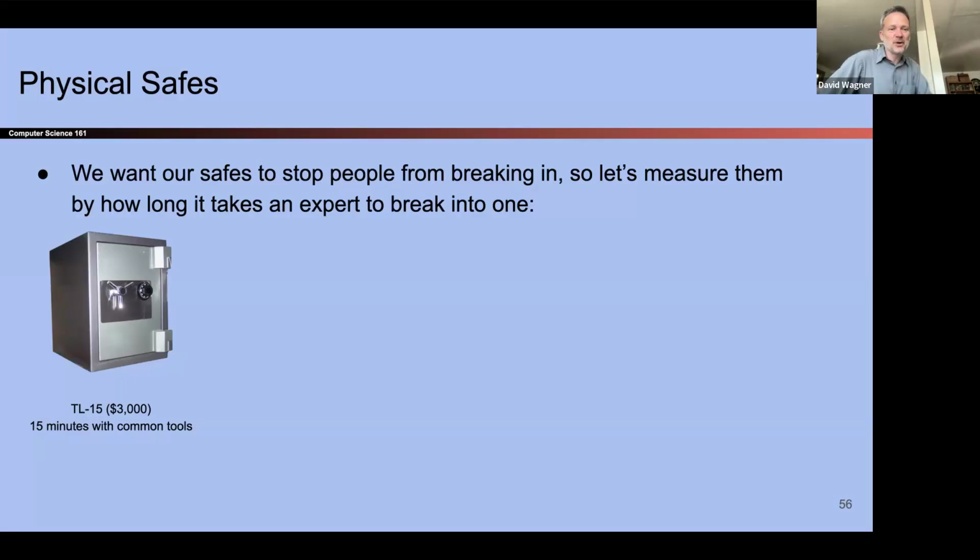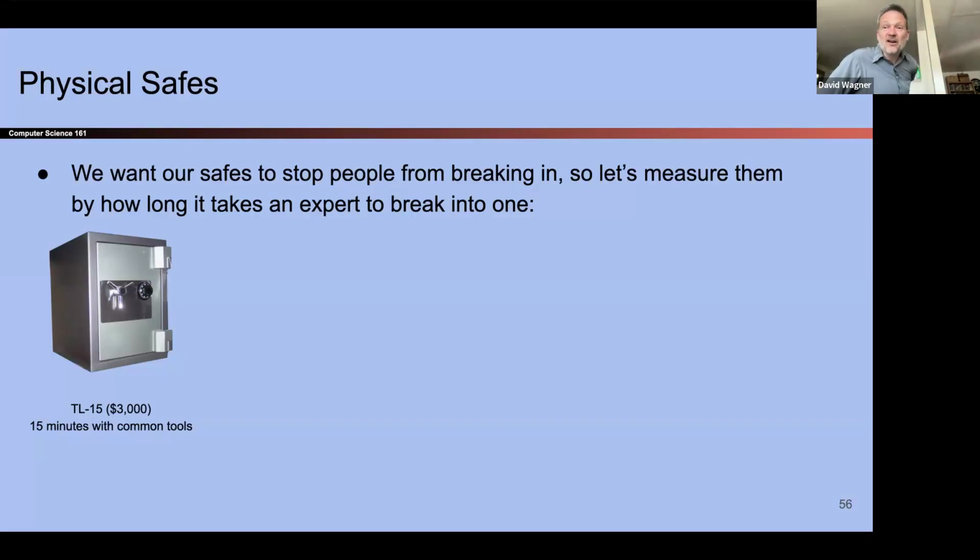What that stands for is a safe that has thick enough, sturdy enough metal walls and a well enough designed lock that with ordinary common tools like a screwdriver and a crowbar and a drill, it's going to take you at least 15 minutes to get into this safe. And by the way, if you want to buy these things, expect to pay like 3,000 bucks or more.